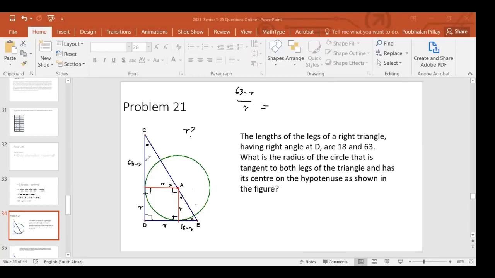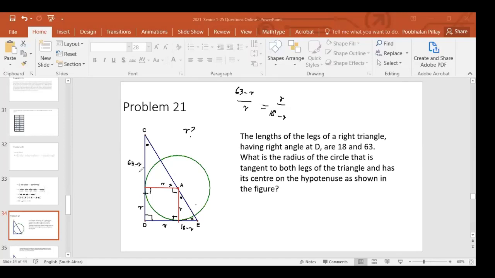So in other words, the ratio of this to this would be the same as the ratio of R over 18 minus R. It will be the same as this over that, because you have to multiply all the sides by the same number to get to the other one, which translates into ratios: the ratios of the corresponding sides are the same.